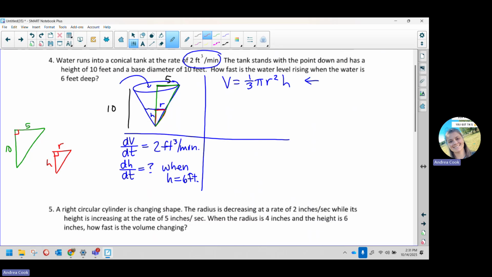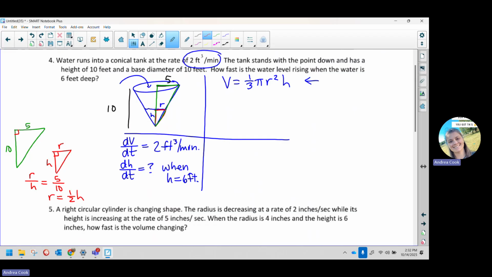I can say R is to H as 5 is to 10. So what is R equal to? R equals 1/2 H. 5 over 10 is 1/2, and then I multiply the H over.